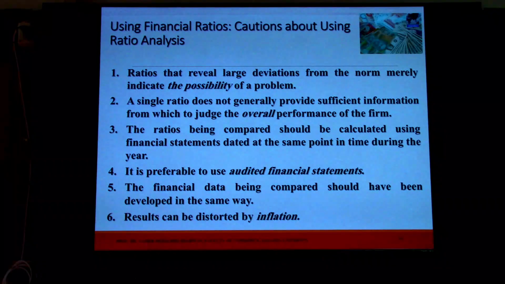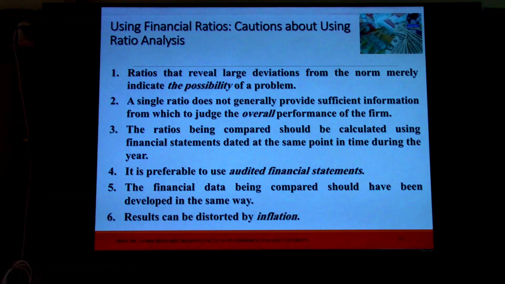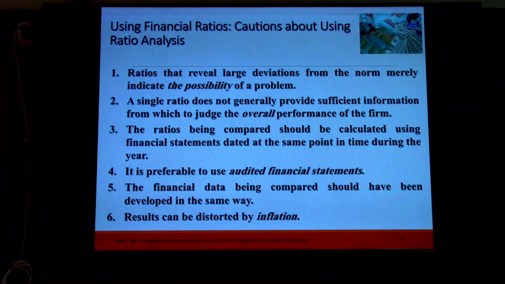When we are going to determine the financial ratio analysis, there are some cautions about using ratio analysis. There are some conditions, cautions that must be considered when I'm using the financial ratio.